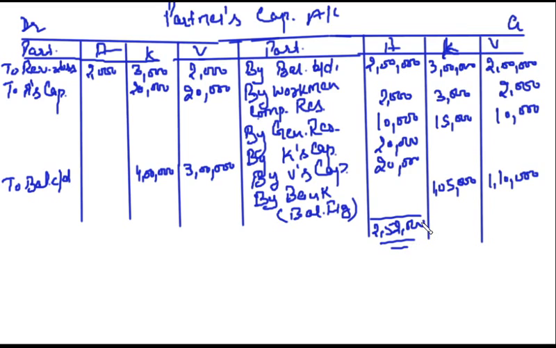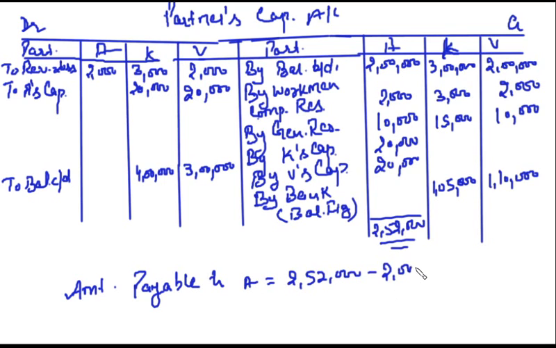Clear? Now he says, minus this revaluation loss, what is the amount payable then? If we talk of amount payable to A, this is 2,52,000 minus 2,000, that is the revaluation loss. So net amount payable is 2,50,000.